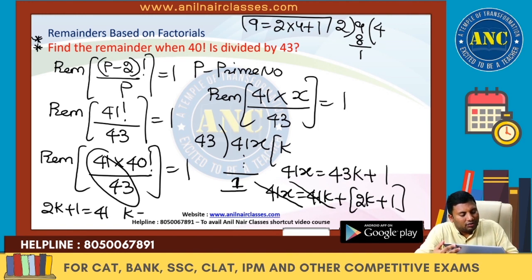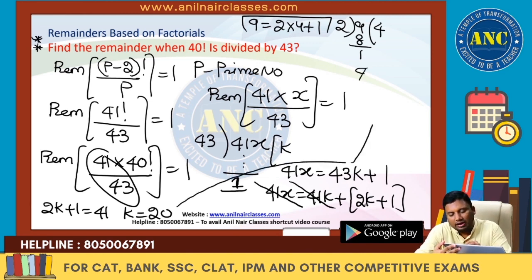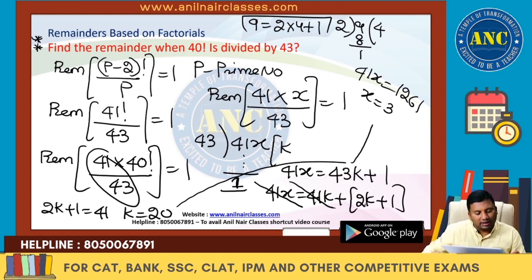So k value is nothing but 20. If I substitute it, 41x is equivalent to 43 into 20 plus 1, 861. So x is equivalent to 861 by 41. 41 threes are 123. I hope it is clear, right? K is 20.